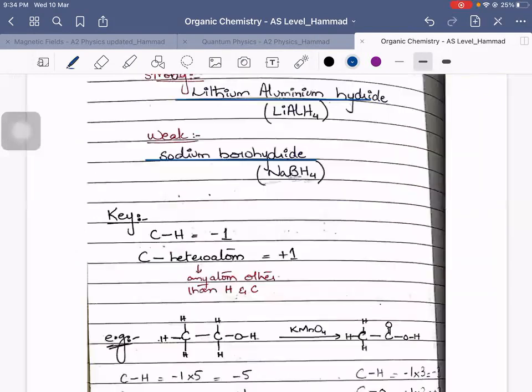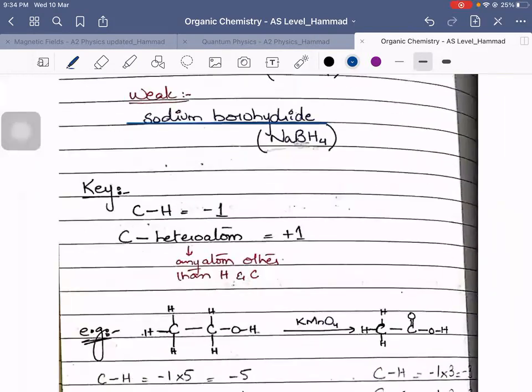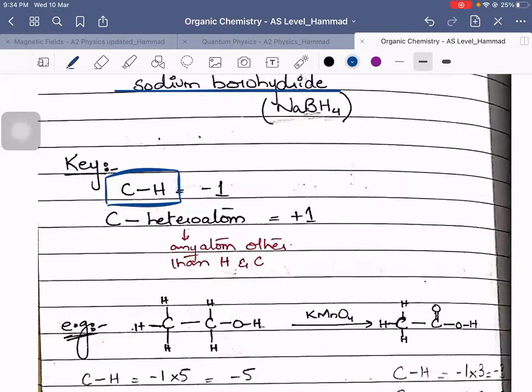Now, you need to understand this carefully. If I have an organic compound, I can call my C-H bond, or I could give it an oxidation value of -1. Now, this is something that we have come up with. It does not actually exist, right?